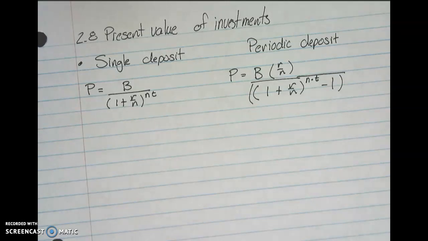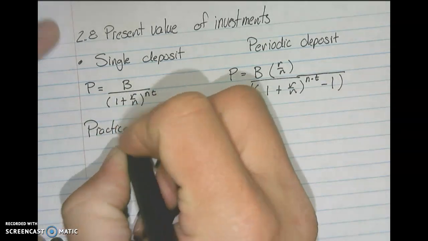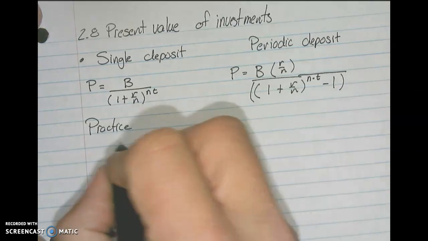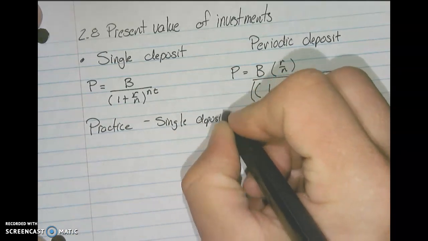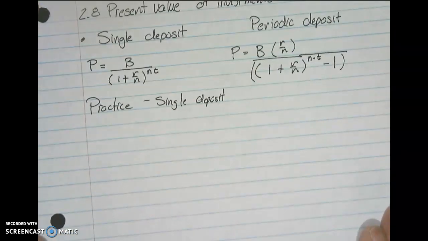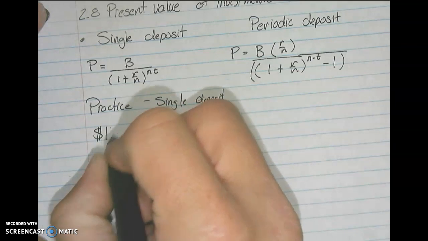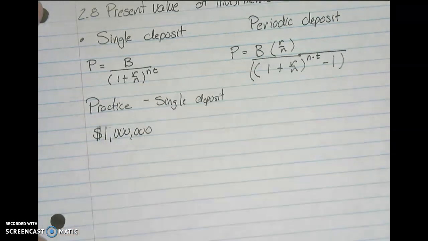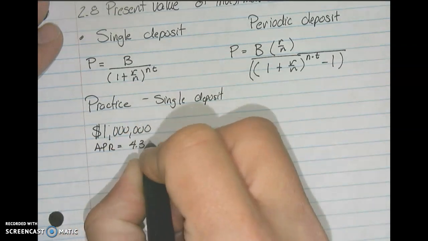All right, let's do some practice. Let's just work with single deposit for now. Let's say everybody wants to be a millionaire, correct? We want to know how much we need to invest. If we look online, we know that the APR is about 4.3%.